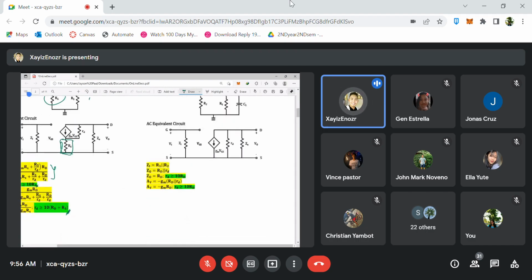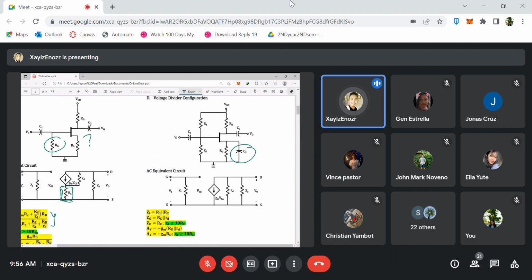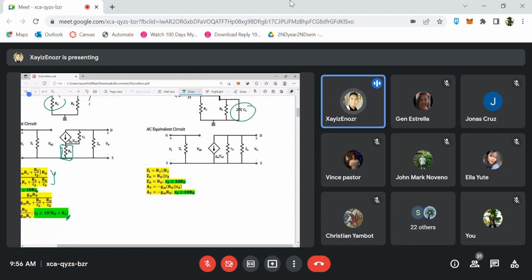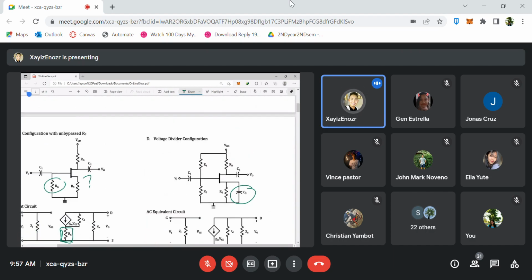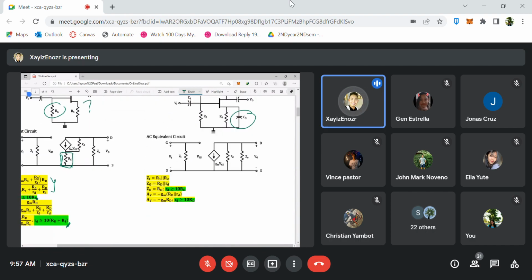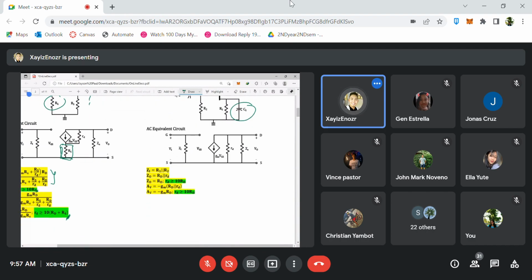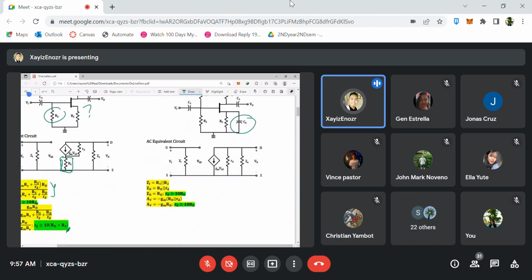So kung mapapansin nyo sa configuration niya, ganoon pa din, meron siyang bypass capacitor. Okay, so therefore, parang yung sa ating self-bias at fixed bias, yung sa naunang dalawa. So kung makita nyo, common source siya, so ganoon pa rin naman yung formula niya. Okay? So, yung ating input impedance is equal to Rg.